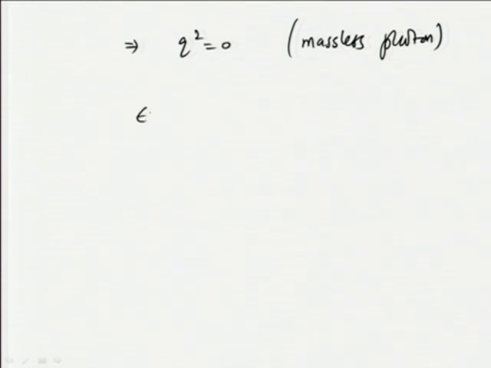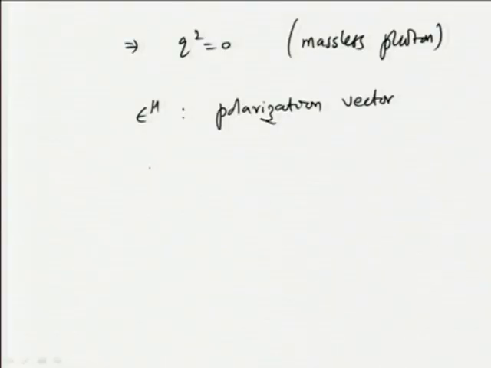and epsilon mu is essentially the polarization vector in the 4-dimensional case, and especially in the 3-dimensional case, it is the familiar polarization associated with the electromagnetic field. And we saw that it has 2 degrees of freedom or 2 independent components.